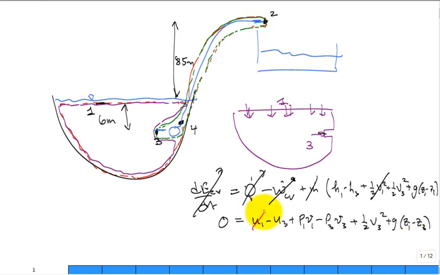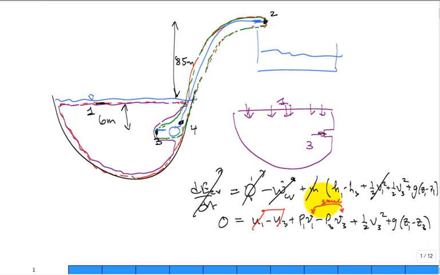Let's get rid of these two. Why? The temperature is not changing, and for a liquid, incompressible, the internal energy is essentially a function of temperature. How about the specific volume, V1 and V3? Are they the same? Don't cancel them, but just note that V1 and V3 are the same.